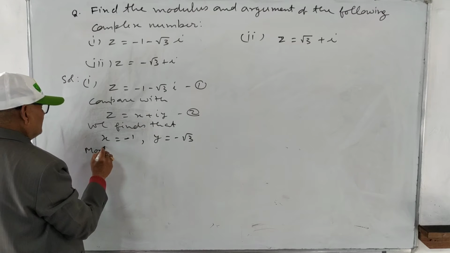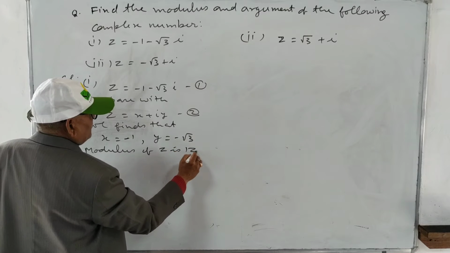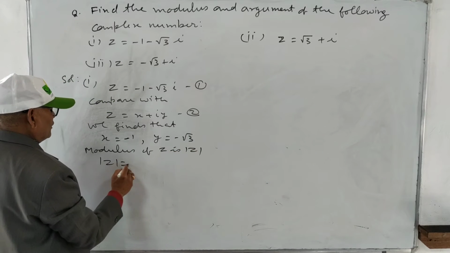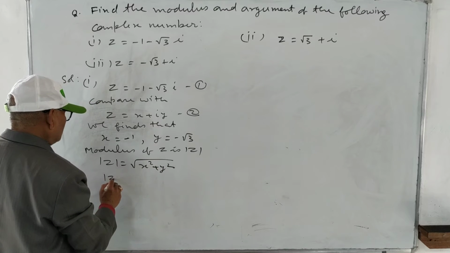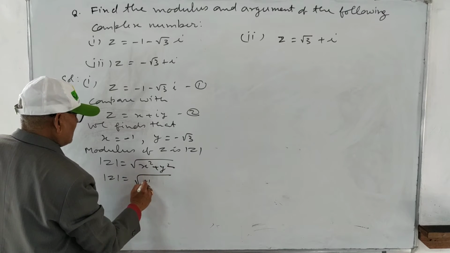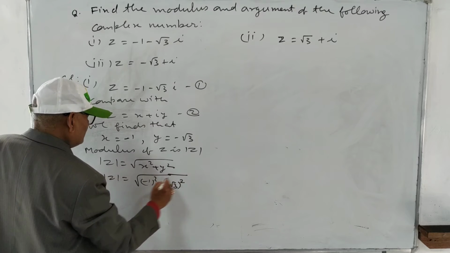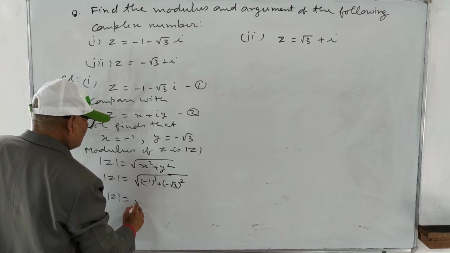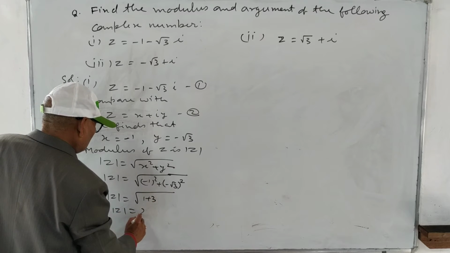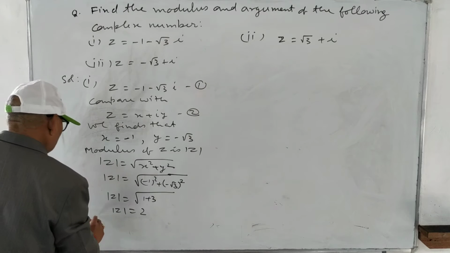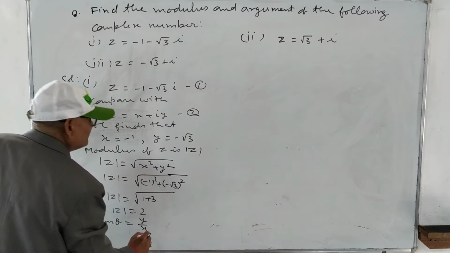Modulus of z is mod z equal to under root x square plus y square, mod z equal to under root minus 1 square plus minus root 3 square, mod z equal to under root 1 plus 3, mod z is equal to 2. Now tan theta is equal to y upon x.